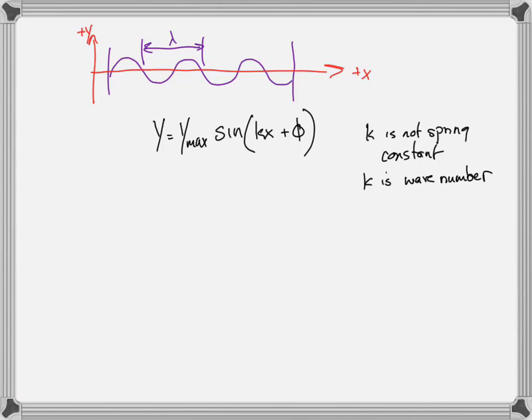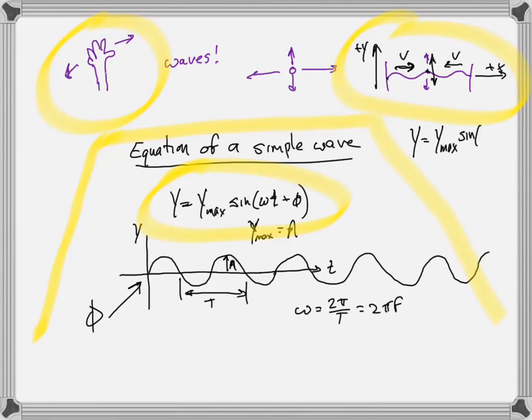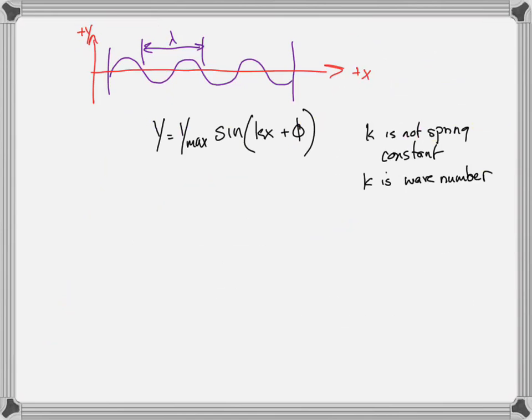Then, by the same argument that omega is 2 pi over period, k in this case is 2 pi over lambda, because the sine has to repeat itself every 2 pi. So y equals y max sine 2 pi x over lambda plus phi.